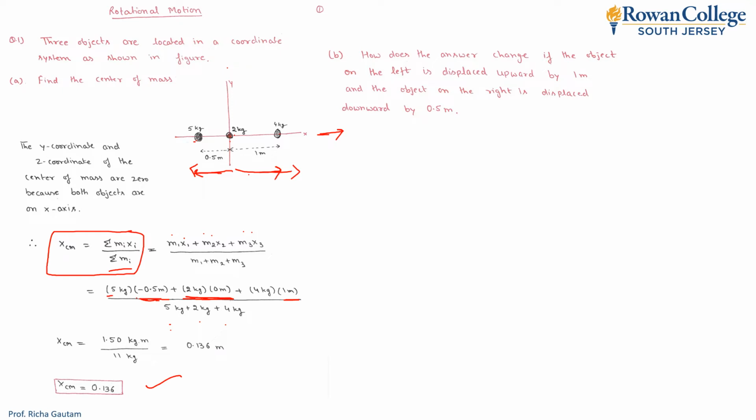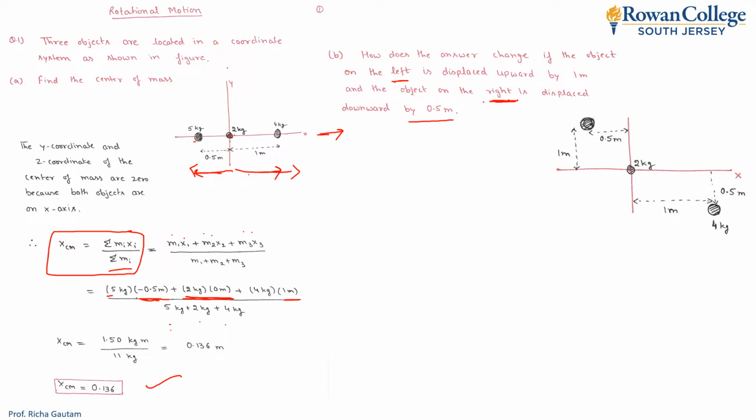Now the second part of this first problem is: how does the answer change if the object on the left is displaced upward by 1 meter and the object on the right is displaced downward by 0.5 meter?